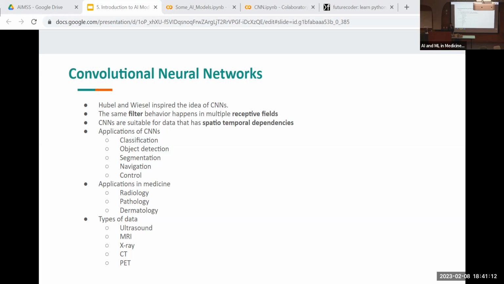Convolutional neural networks can be used in a wide range of applications, such as classification, object detection, and segmentation. In medicine in particular, whenever we have types of data that have this spatiotemporal dependency, CNNs are a good choice, like when we're working with ultrasound or MRI or X-ray, in different fields like radiology or pathology or dermatology.